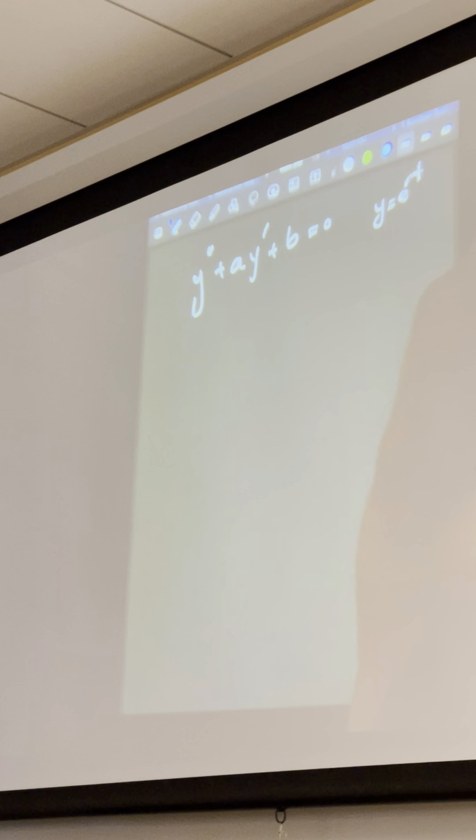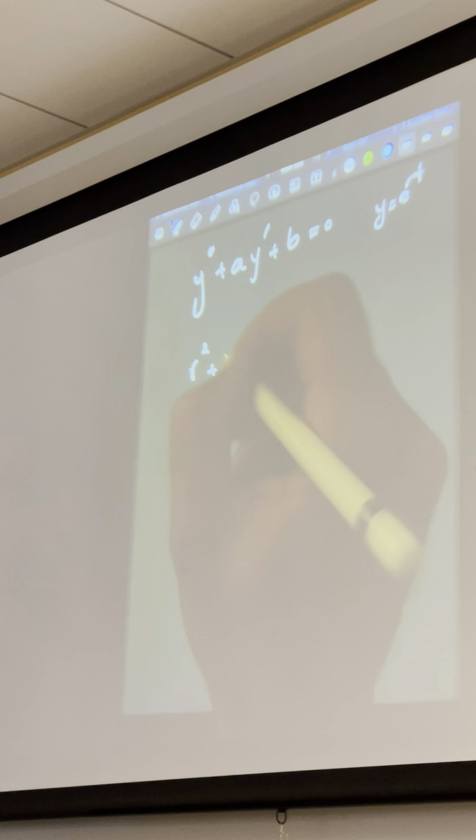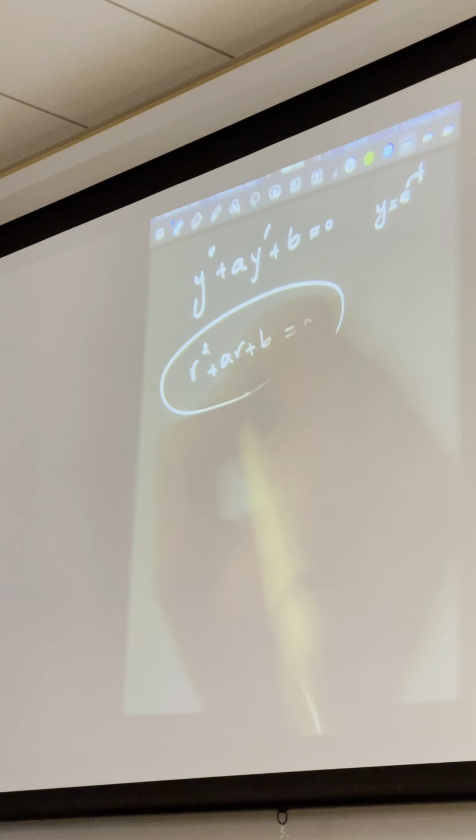So to plug it back in, you're gonna get r squared plus ar plus b equals 0. So that's called a characteristic equation. So when I say characteristic equation, that's the one.